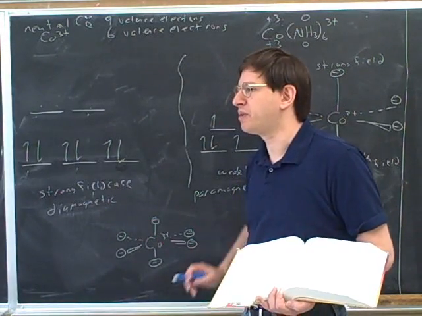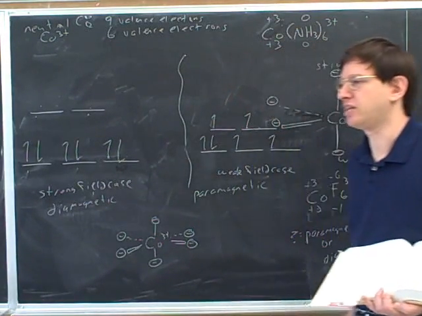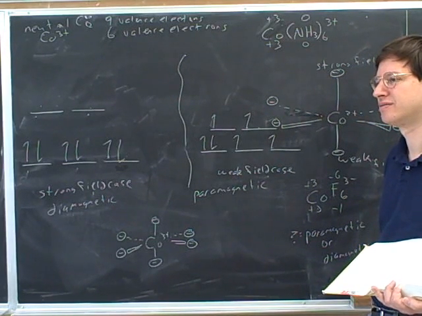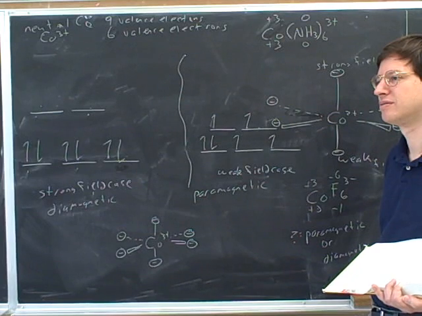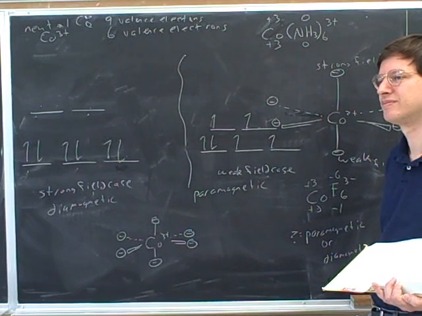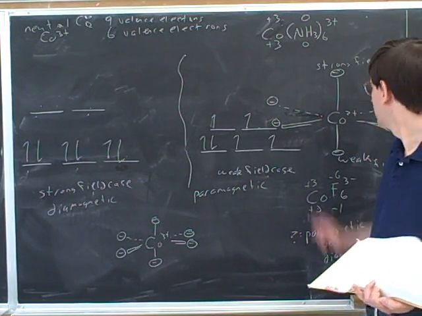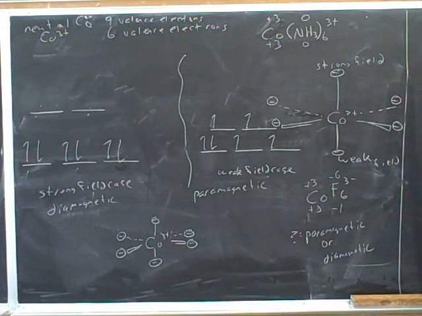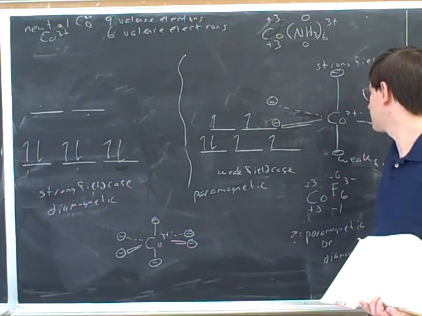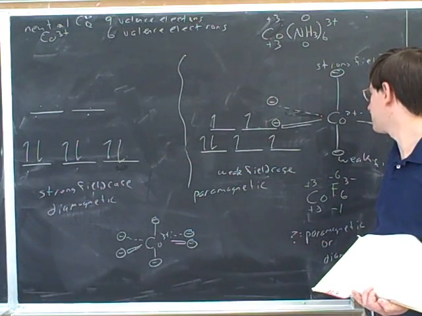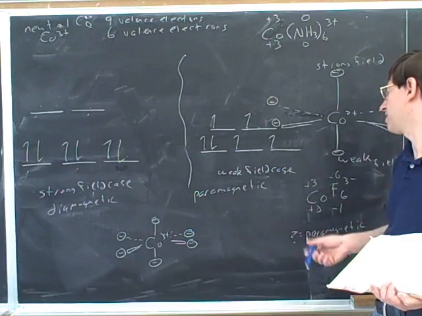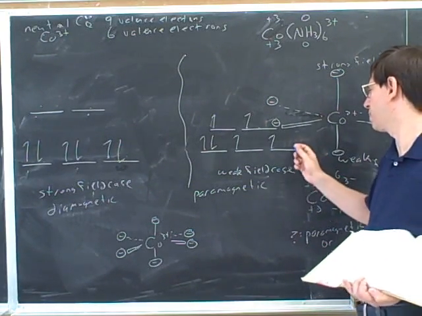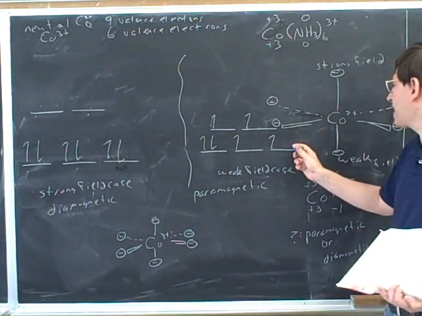So which of these is going to have the bigger energy splitting? Which is more likely to be the strong field and which is more likely to be the weak field? One more time, which of these is more likely to be a strong field case and which is more likely to be the weak field case?